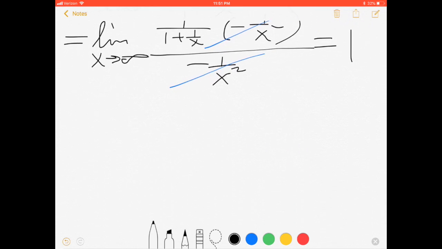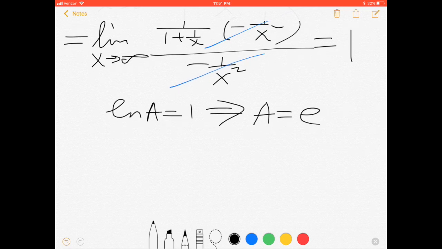Okay, but it's not the final answer because we found natural logarithm of a equals 1. This means a equals e.